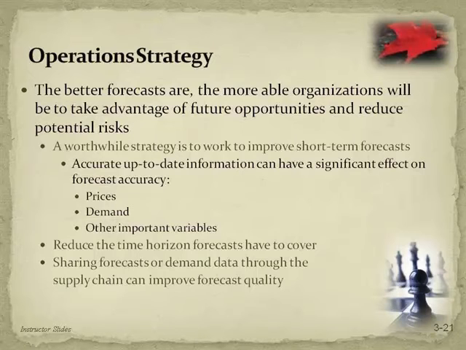So small improvements in forecasting can have very large improvements in profitability of the business. And it's for this reason that good corporations spend a great deal of time in the forecasting process and always trying to improve the process.